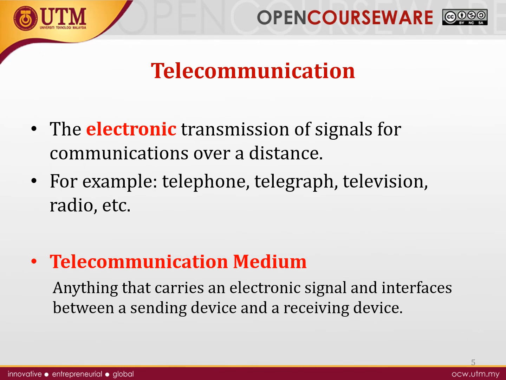It is carried out using the telecommunications medium. We can define a telecommunication medium as anything that carries an electronic signal and interfaces between a sending device and a receiving device. We will learn more about the medium in the next slide.